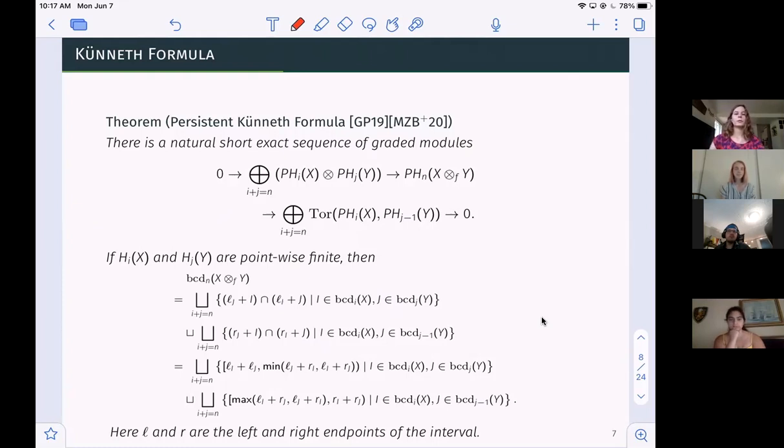What this persistent Kunneth formula says is that if I have a natural short exact sequence of graded modules, which our energy functions are going to fall into, then I get this short exact sequence, and if H sub i of X and H sub j of Y are pointwise finite, then this BCD, which just means barcode, of the tensor of the two modules will give you the birth and the death time of each barcode.